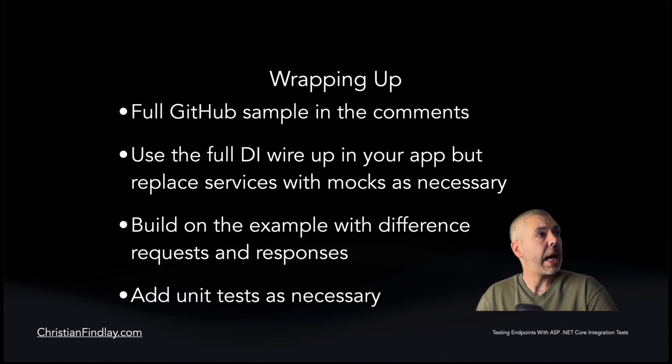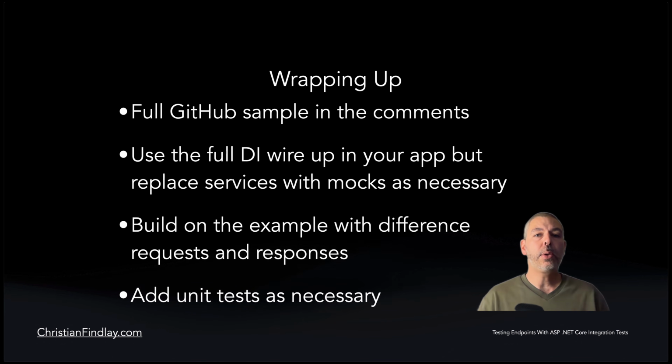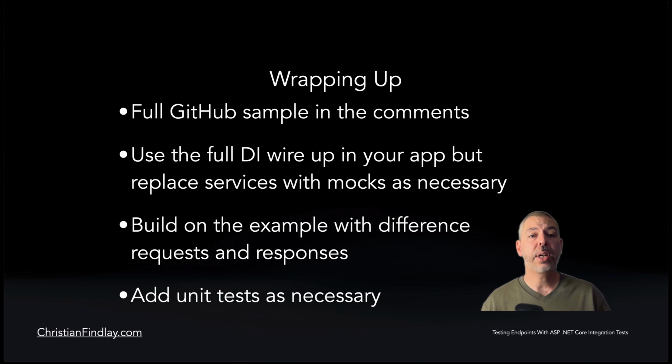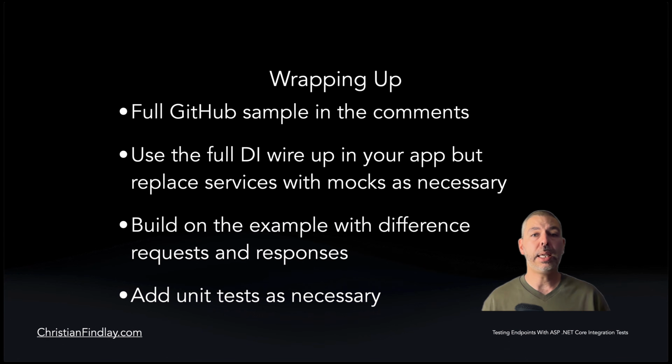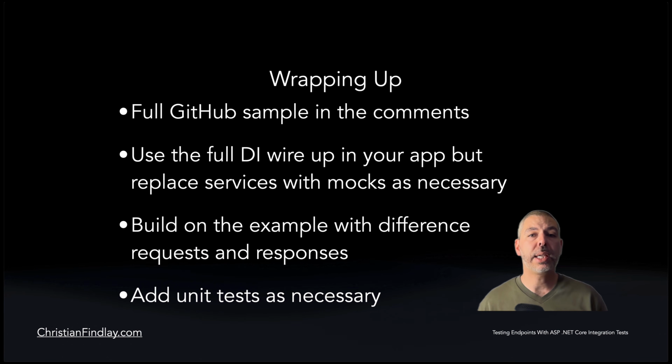To finish off, as you can see, we wanted to use the original wire up of the dependency injection inside the program.cs. When you're building your app, you don't want to remove the composition of your app during the test. You actually want to use that. That's very valuable because that is actually part of the test.